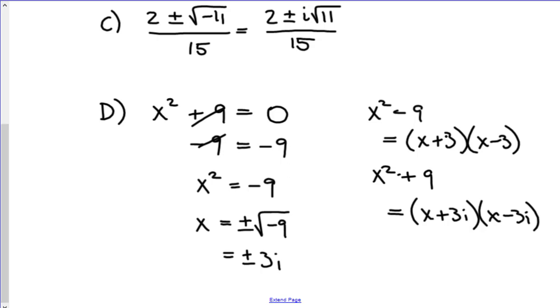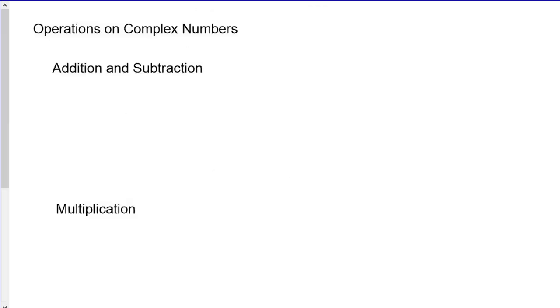All right, let's take a look at some operations on complex numbers. Now, addition and subtraction are pretty straightforward because you just do the individual real parts and imaginary parts separately. So let's say we have this as a problem to solve. So 2 minus 4i plus 7 minus 10i.